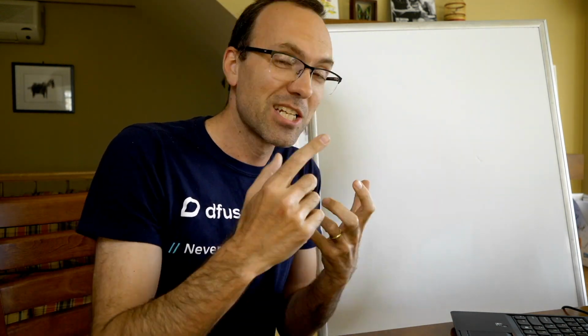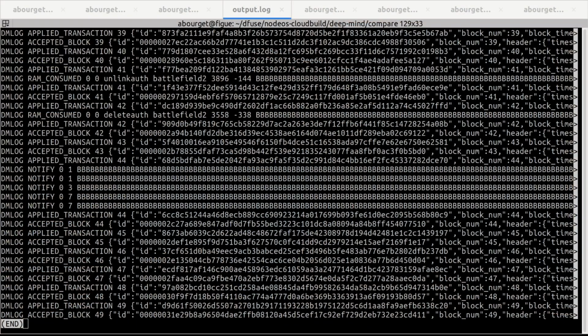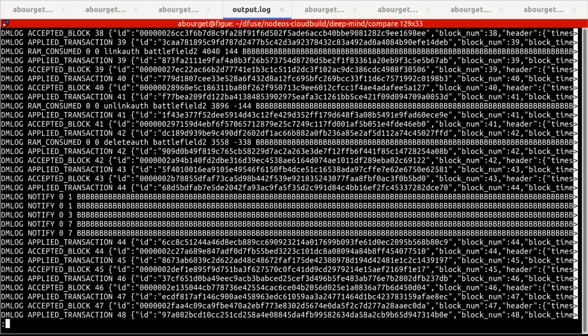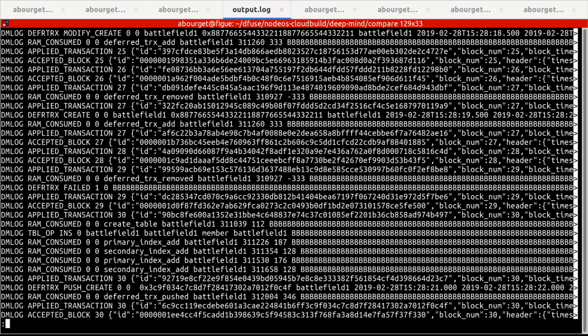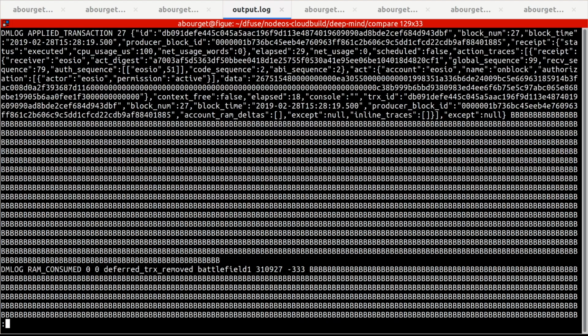Now, if you run nodeos with --deepmind-enabled, you will see a lot of information being spewed out. And let me show you a little bit how this looks, because it might be intimidating, but I'll give you the purpose for that. So if we look at the terminal here, we're seeing a sample output, and they look even more intimidating when they scroll like that.